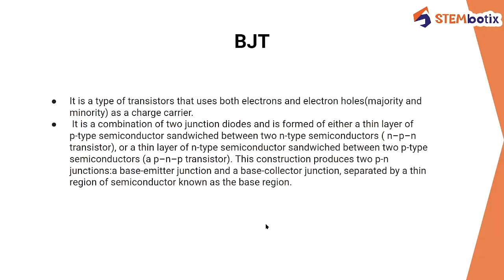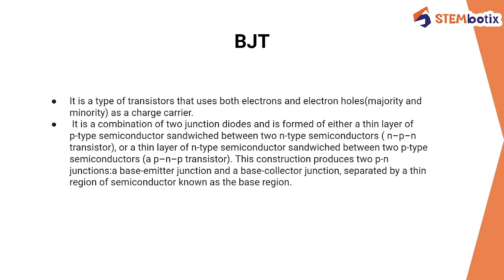Now let's first see the BJTs, meaning bipolar junction transistor. BJT stands for bipolar junction transistor. It is a type of transistor that uses both electrons and electron holes, meaning majority and minority charge carriers. Hence they are named bipolar, as they use both majority and minority charge carriers.